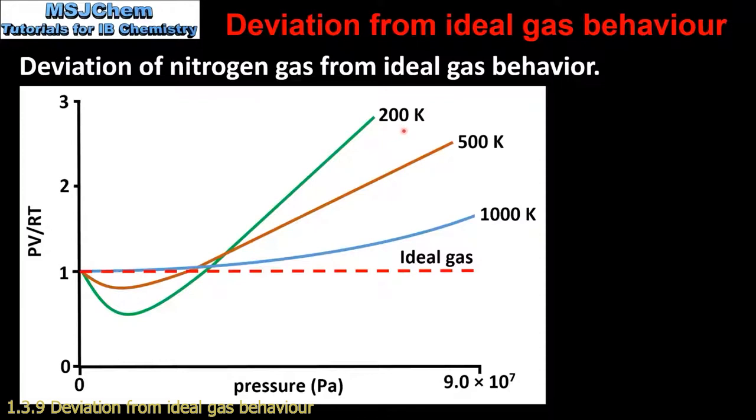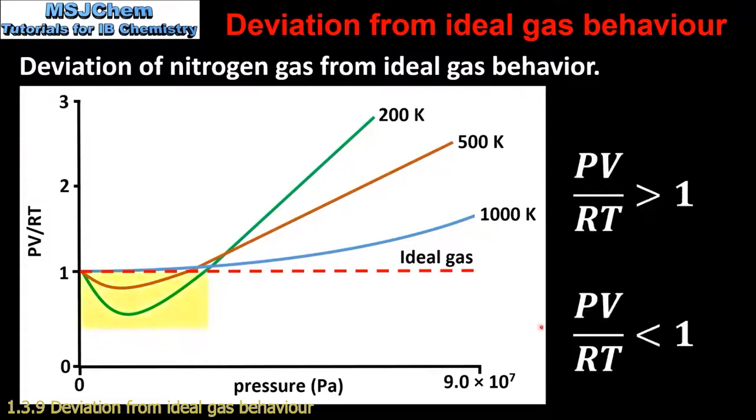This tells us that real gases deviate the most from ideal gas behavior under 2 conditions: high pressures and low temperatures. On the graph, we can see that at moderately high pressures, the product of PV over RT is less than 1, and at very high pressures, the product of PV over RT is greater than 1.